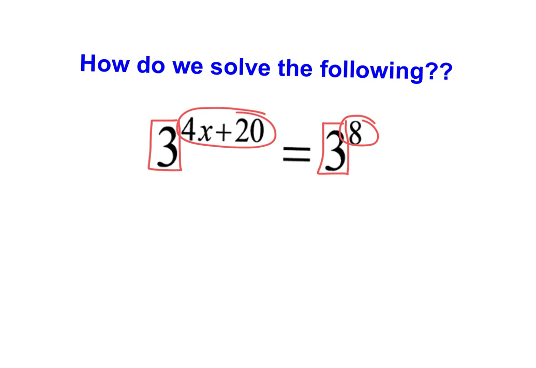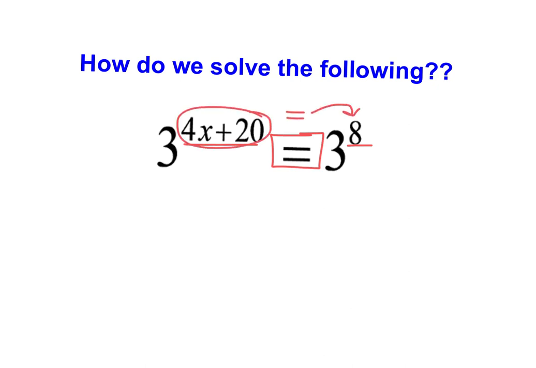In order for these to be equal, the only way is if this chunk right here is equal to 8. If it is equal to any other number, it won't be an equation, because the only thing that equals 3 to the power of 8 is 3 to the power of 8. It can't equal 3 to the power of 5 or 3 to the power of 6 or something else.